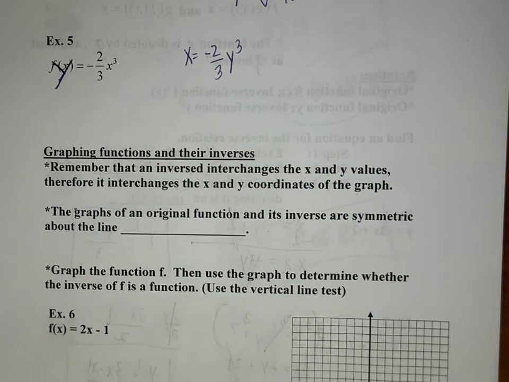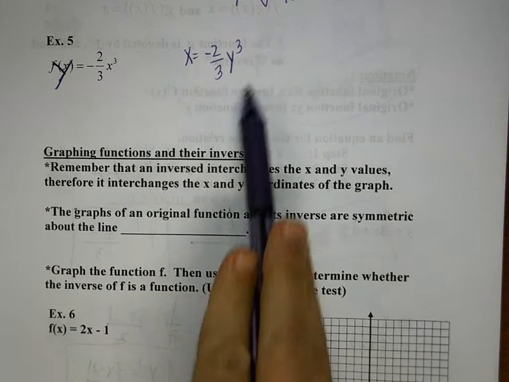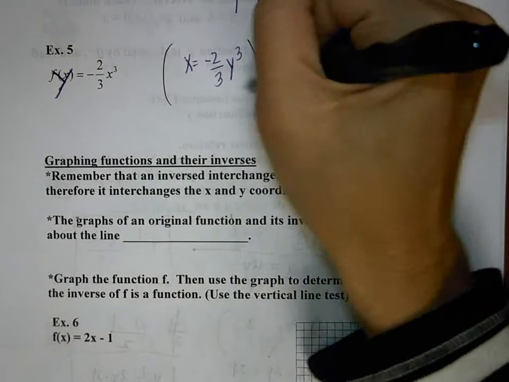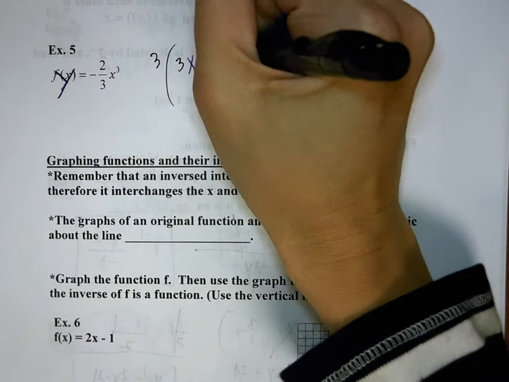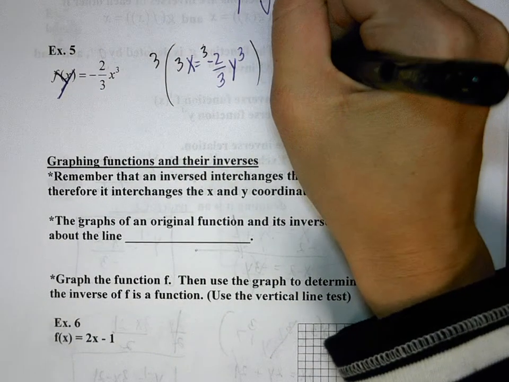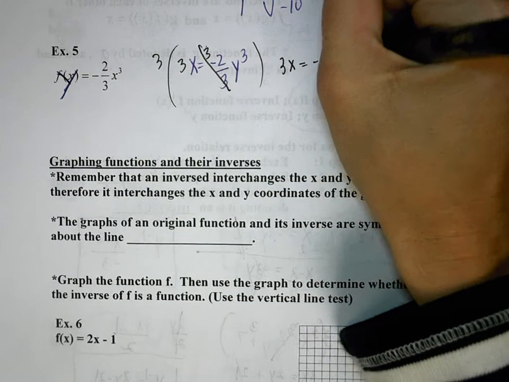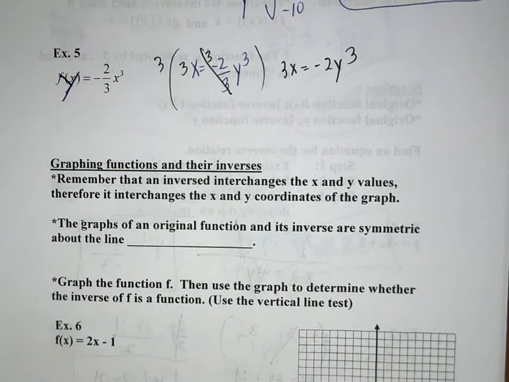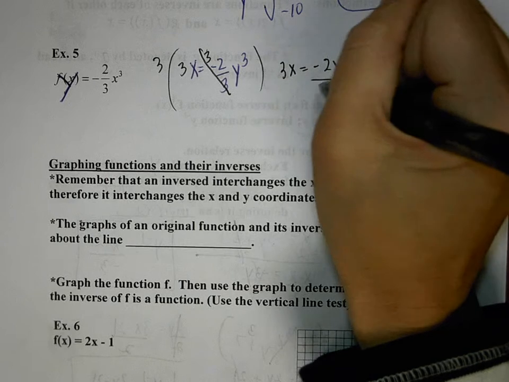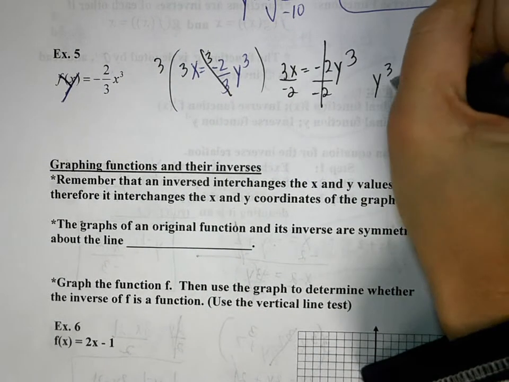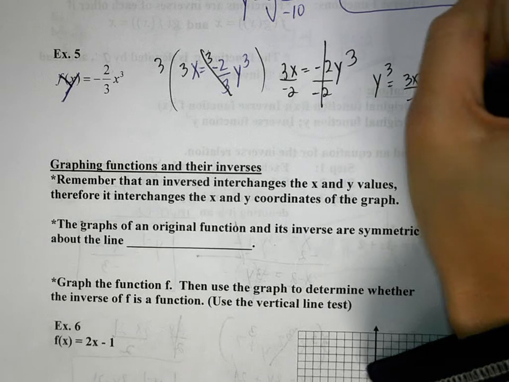Now, in order to get rid of my fractions, I'm going to multiply everything by 3. So I multiply each of my terms by 3, and I end up getting 3x equals -2y cubed. Next, I divide by -2 to both sides. So I have y cubed equals 3x over -2.